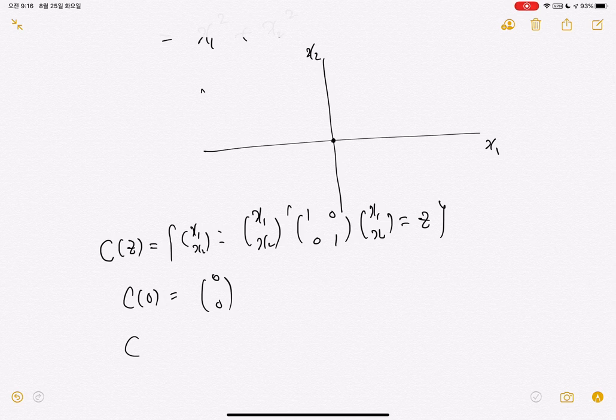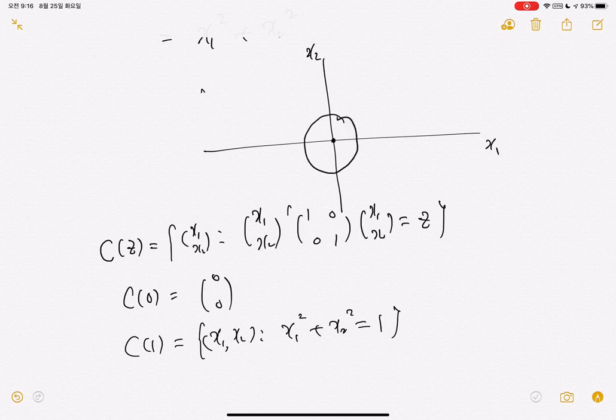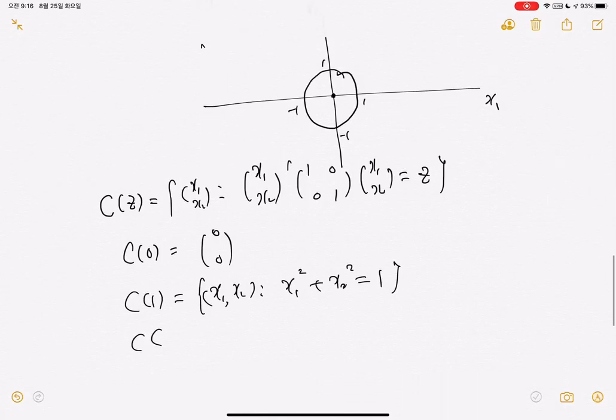What about C of 1? C of 1 is the set of x1 and x2 such that x1 squared plus x2 squared is 1. That's a circle. Right? That's a circle. What about C of 4? C of 4 is a circle with radius 2.